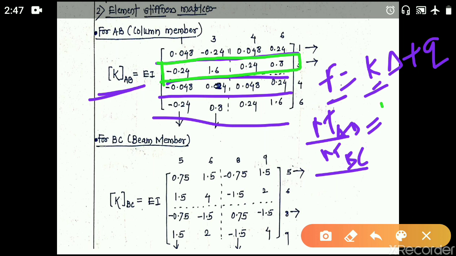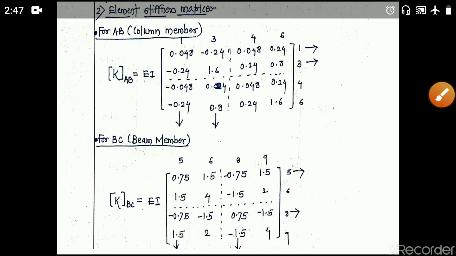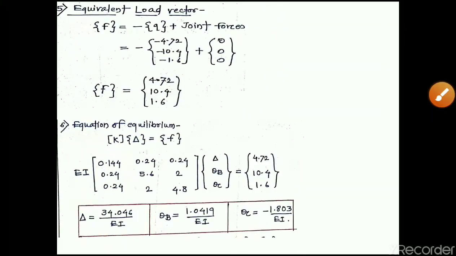Only this row you have to write here, and this last row you write in the second place, plus delta. Now these 4 elements are here, so you write all 4 moments. 1 is 0, 3 is 0, write that in the delta column. 4 and 6 you have calculated. So all these calculations are done here in the last step.